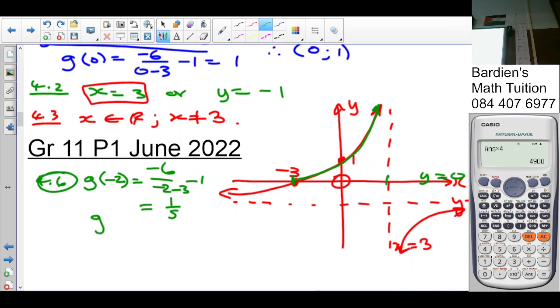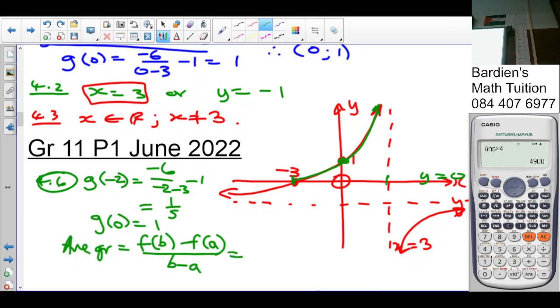And we know what g of 0 is, 1, which is this point. So for the average gradient, it's going to be f of b minus f of a over b minus a. Remember the coordinates, it's negative 2 and 1 over 5, and 0 and 1, like we do gradient.